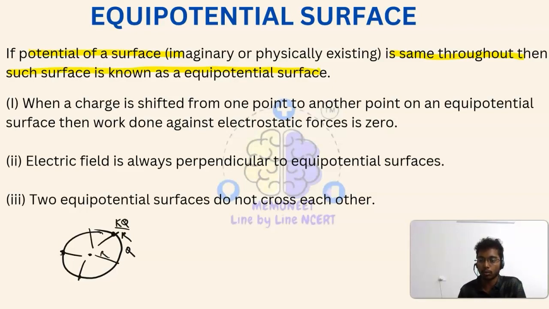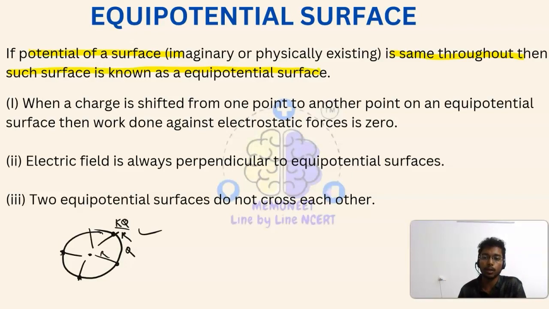Here it is kq/r, here also kq/r. At every point on the circle the potential is kq/r, the same throughout. This is what we call an equipotential surface, because they have equal potential throughout the surface.